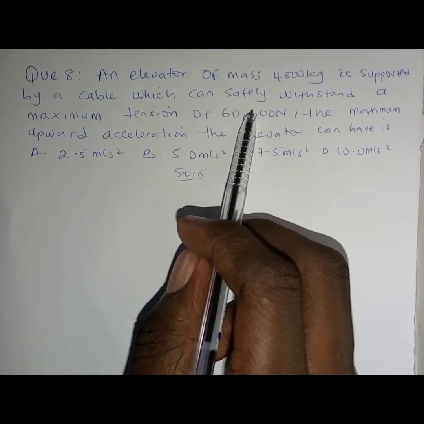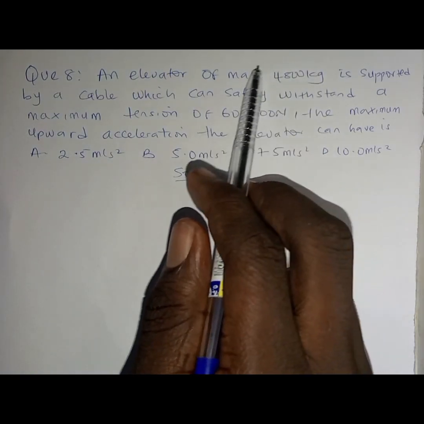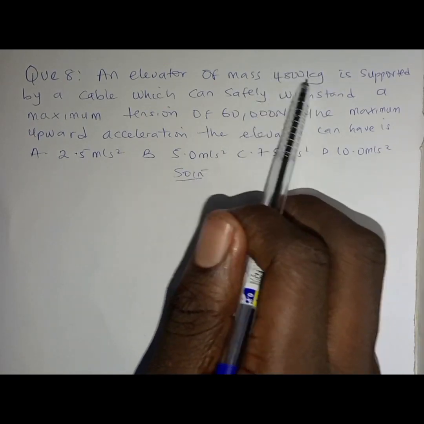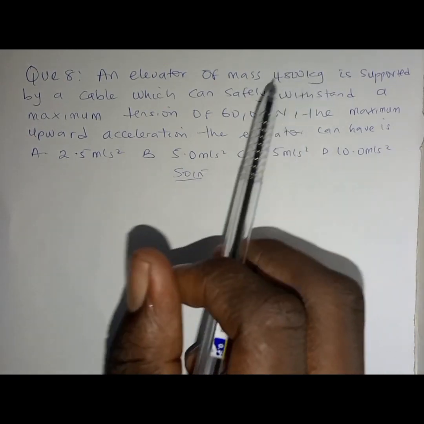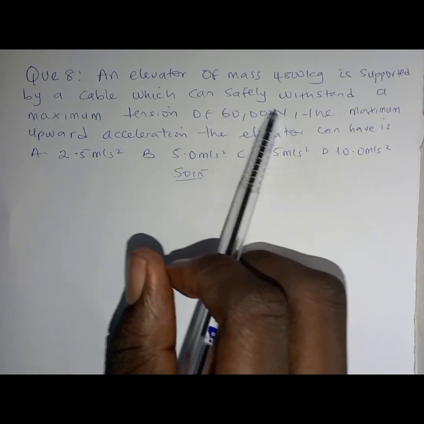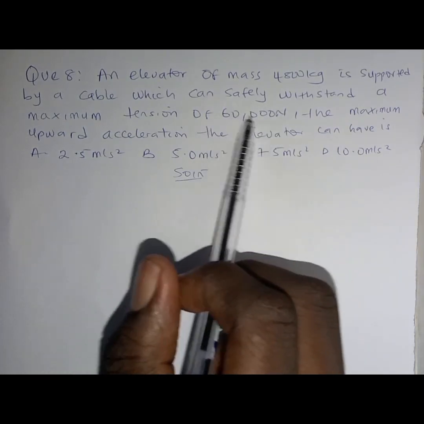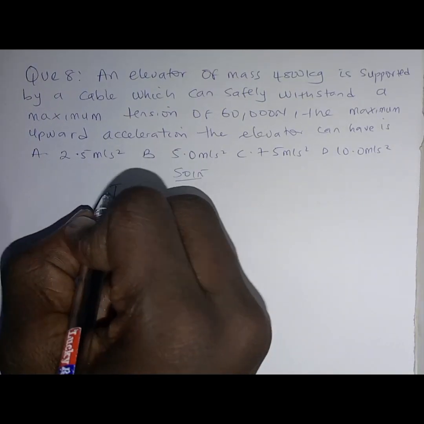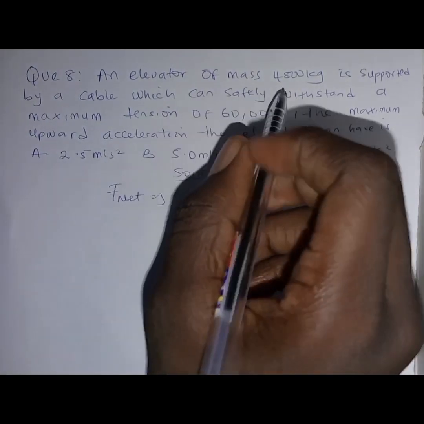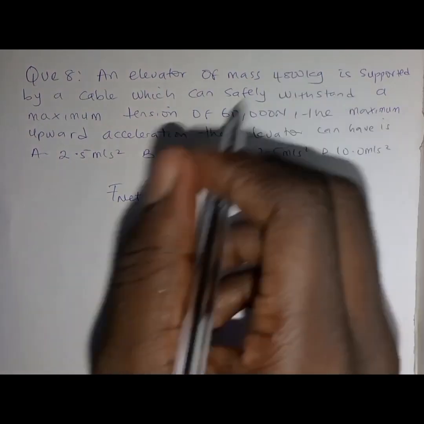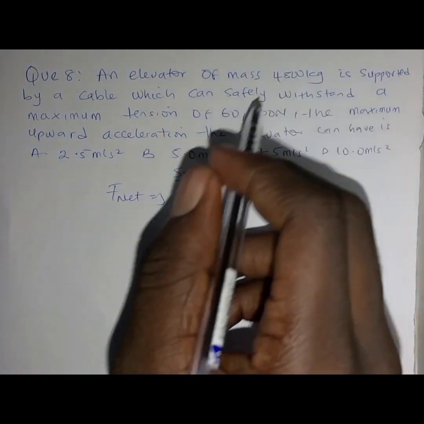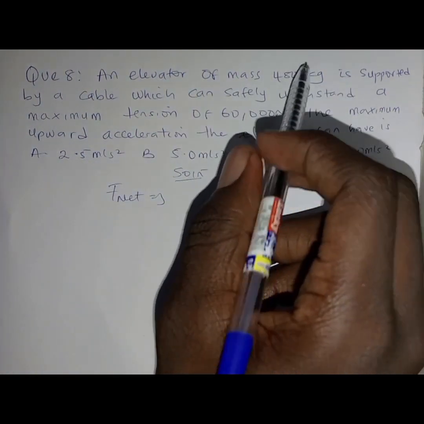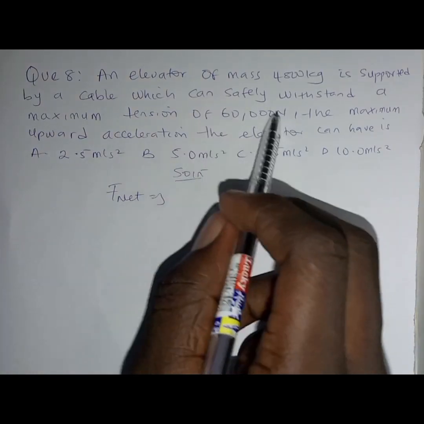So the first thing you should know is that the weight of the elevator is acting downward, and this tension is just like a spring hanging it, so it's acting upward. So I need to calculate my net force from these two. So my F net will be the tension take away the weight.